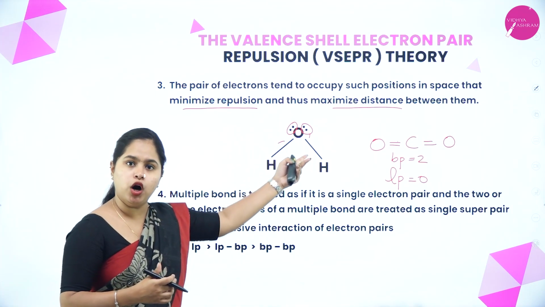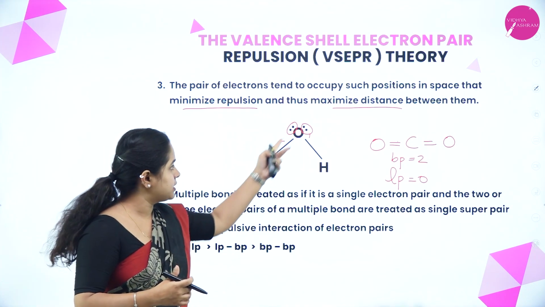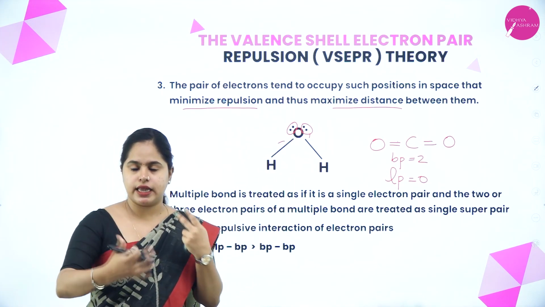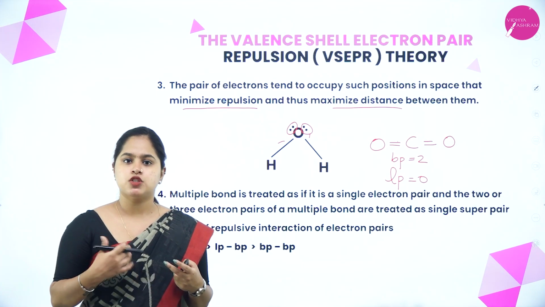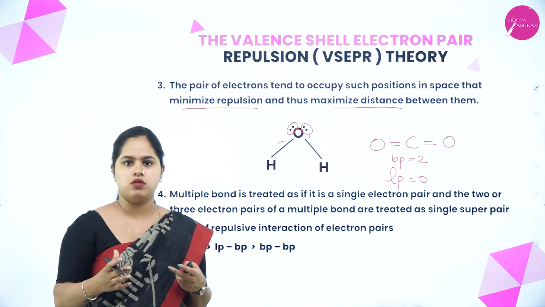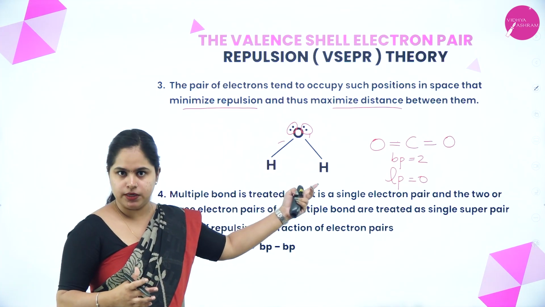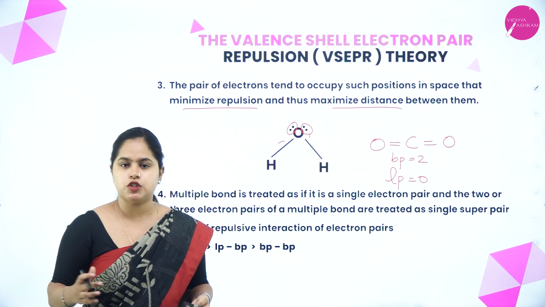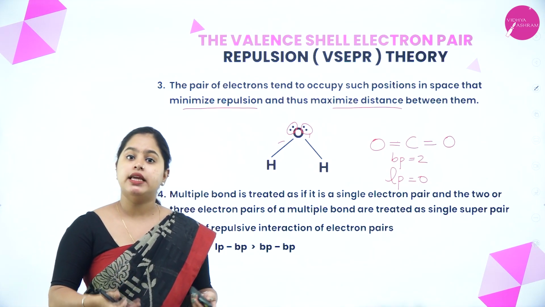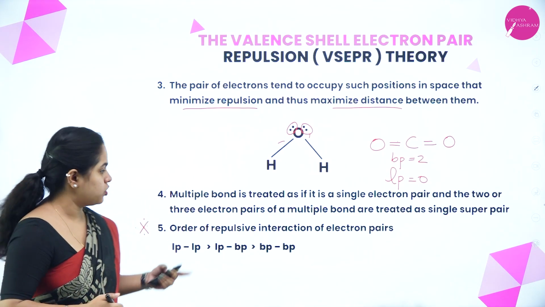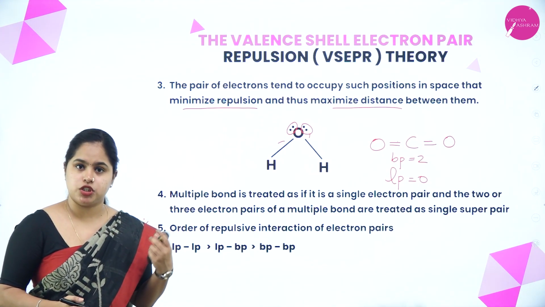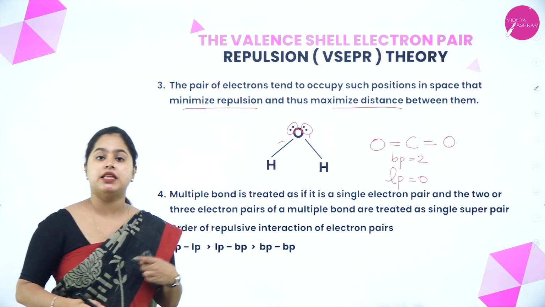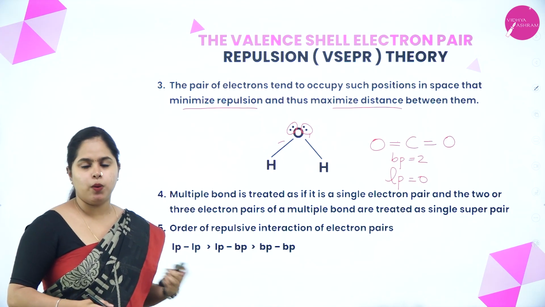In the case of bond pairs, the electrons are participating in the bond, so they can't easily move around because they are bound to some atom. They won't be able to move freely, hence their repulsion will be less. That is why lone pair repulsion is more, and then lone pair and bond pair will be the least. I hope it is clear.